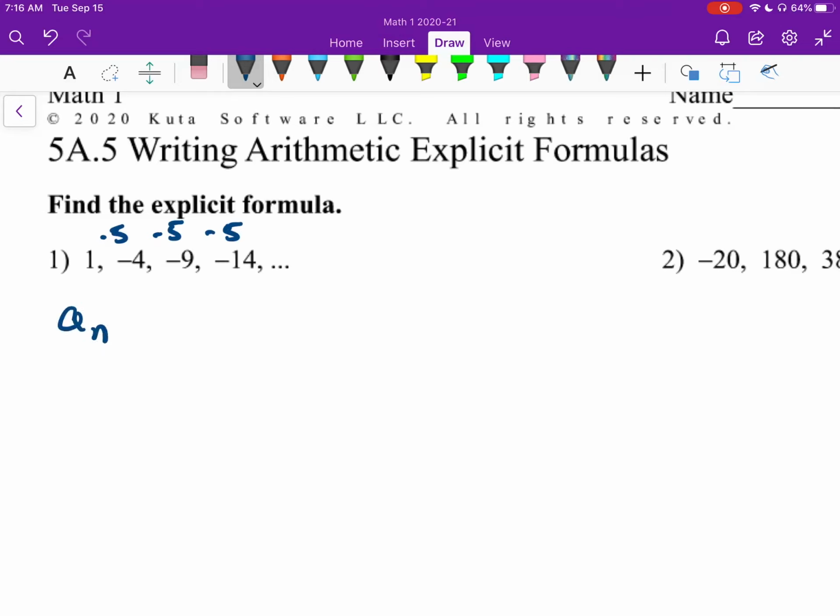A sub n equals a sub 1 plus the common difference times n minus 1. And so we're going to have to plug in a sub 1 and the common difference. A sub 1 is 1, right? That's the first term. Our common difference is -5, and then we have n minus 1.